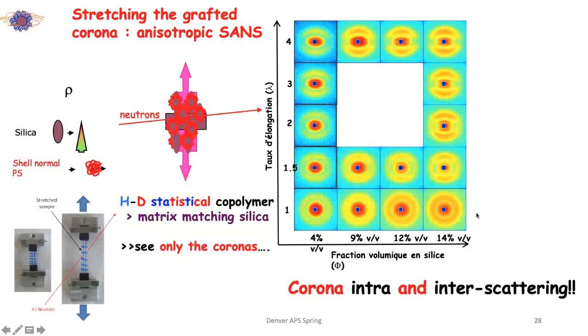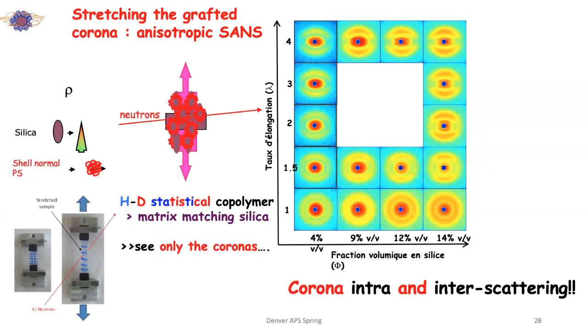And so these different scatterings represent the scattering only from the corona, but they contain both the form factor of a single corona and the Fourier transform of the distances between the different corona.